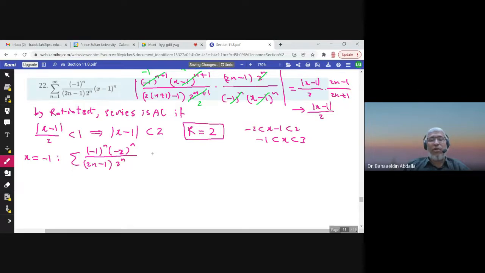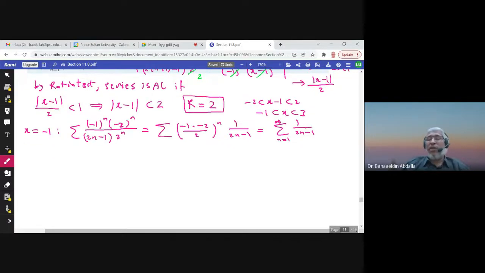I can put all of them together because the same power. So negative 1 times negative 2 over 2, all to the power n, times 1 over 2n minus 1. This is positive 2 over 2. This is 1 to the power n, 1. So the series is the sum of 1 over 2n minus 1 from 1 to infinity.